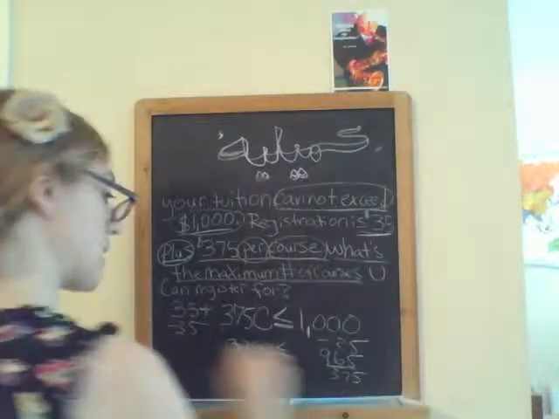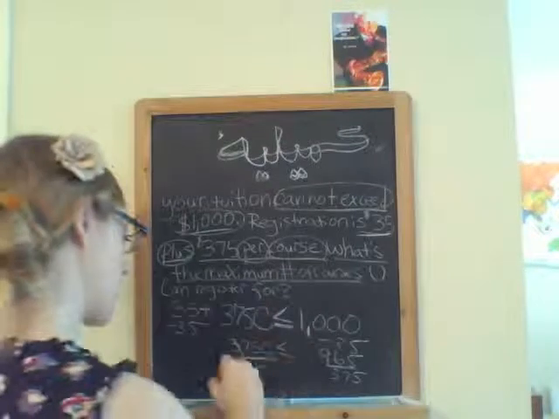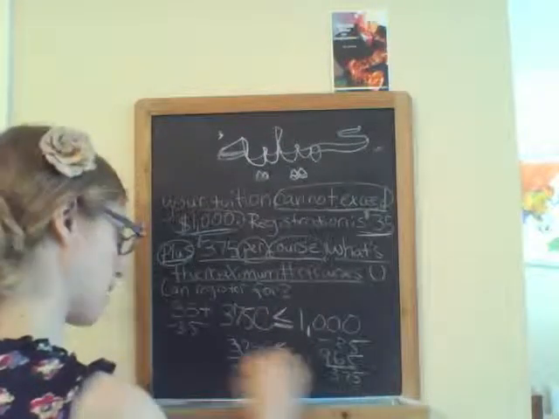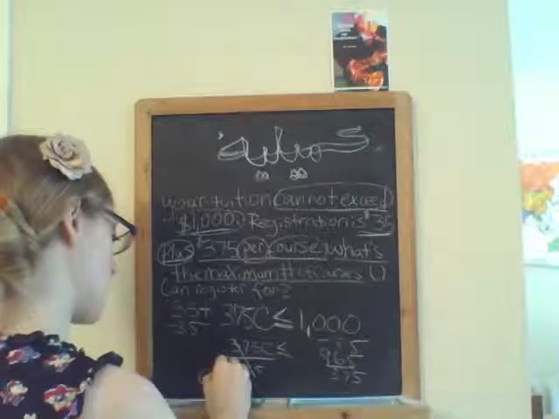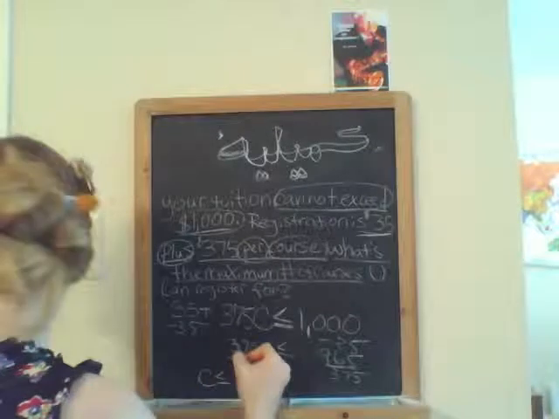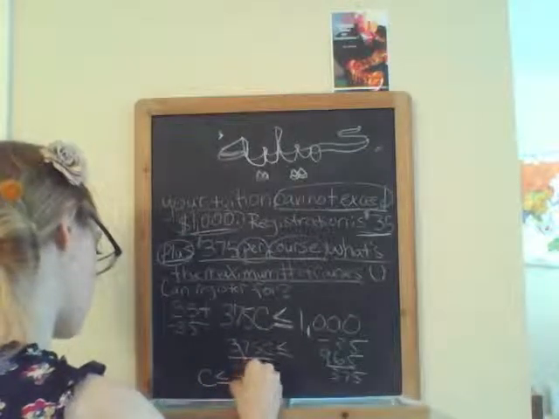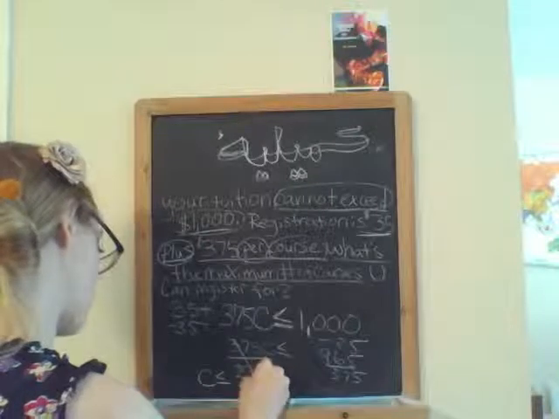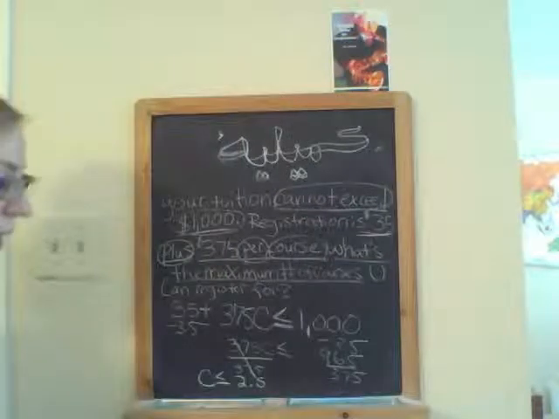I already did the math for you here, so let me just bring it down if you can read it, if it's not too small. I mean, C, I've got C less than or equal to, I just stopped at 2.5. So, C is less than or equal to 2.5.